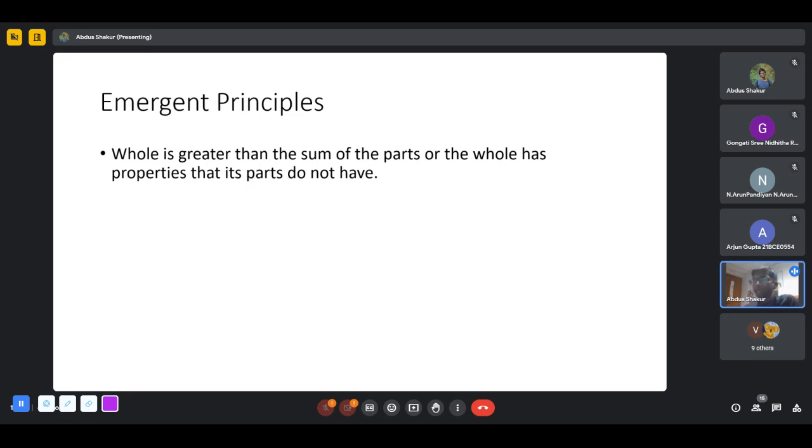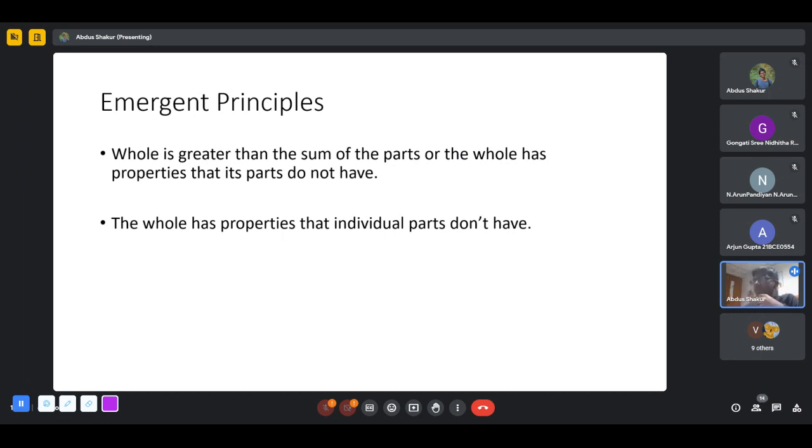But if you take the whole colony, let's say there are 100 ants, the 100 individuals can transfer grains much faster and more efficiently than individual ants working separately. These are some of the ways emergent principles show up in nature. Basically, the whole put together performs better than the individual parts, and it has some other unique properties that the individuals themselves don't have.